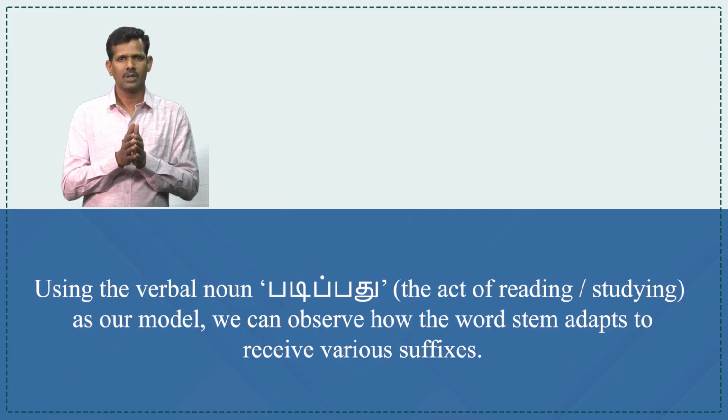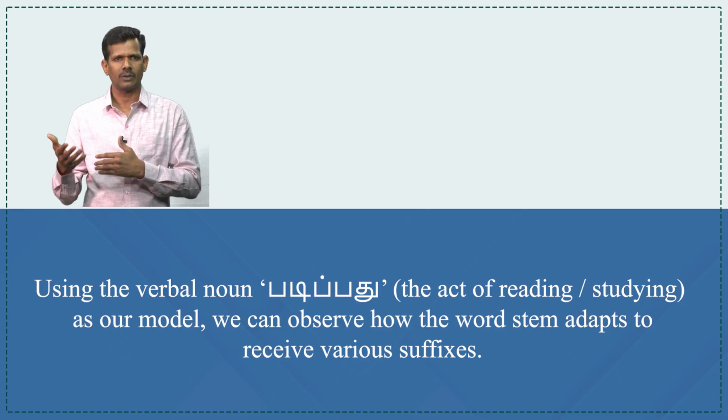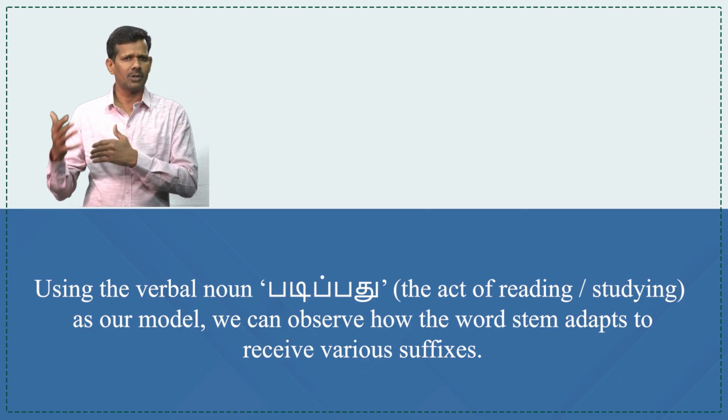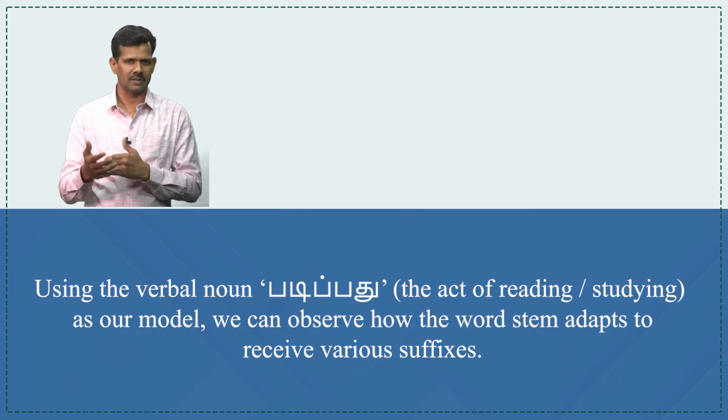Let us examine the declension of case marker when applied to the verbal nouns. Using the verbal noun படிப்பது means the act of reading or studying as our model. We can observe how the verb stem adapts to receive various suffixes.